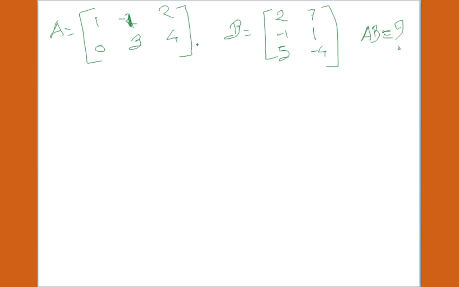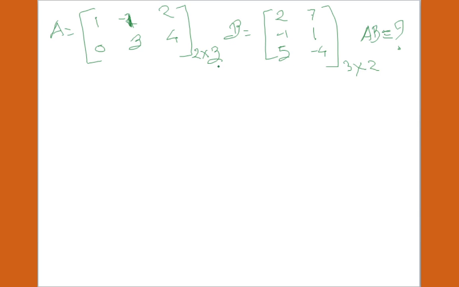To check, we have to find the order of matrix A: number of rows 2, number of columns 3. Here for B, number of rows 3 and number of columns 2.